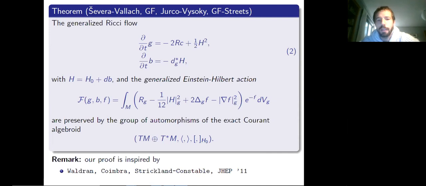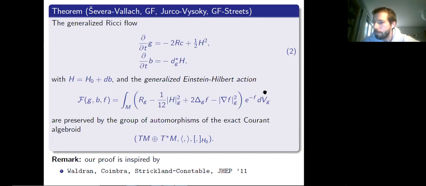And let me first comment on this formula, because I said it the first day and there have been two weeks. This is a function of a metric and a 2-form, which are the unknowns of generalized Ricci flow. But then you have another ingredient, which is a smooth function on the manifold. The formula for the functional is the scalar curvature minus 1/12 of the norm squared of the 3-form plus 2 Laplacian of f minus the norm squared of the gradient.